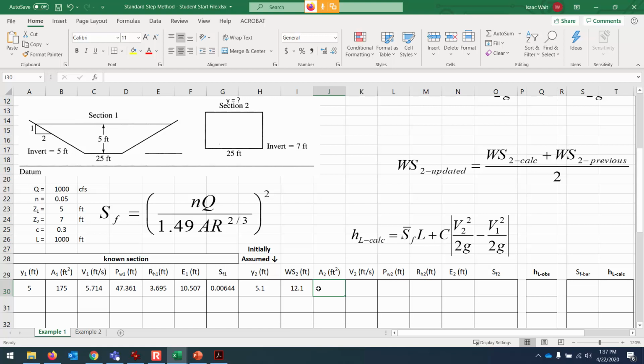All right, it's rectangular, so the geometry is a little bit easier for the cross-sectional area. The cross-sectional area is just the 25-foot width multiplied by the depth. So we know it's 25 feet wide, and Y2 would be our area. So velocity is the flow rate, Q, divided by the area.